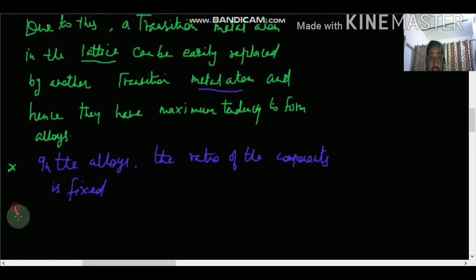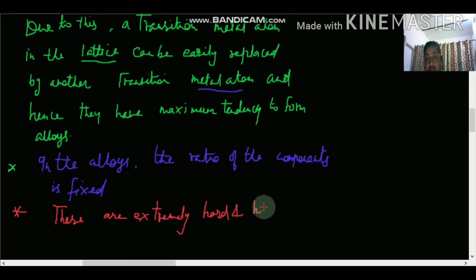And at last, I can say these alloys are extremely hard and have high melting points.